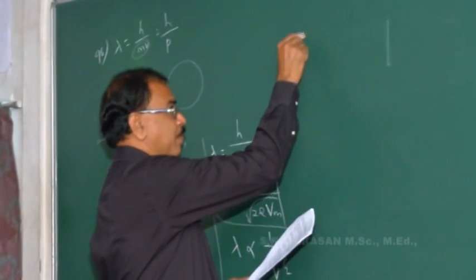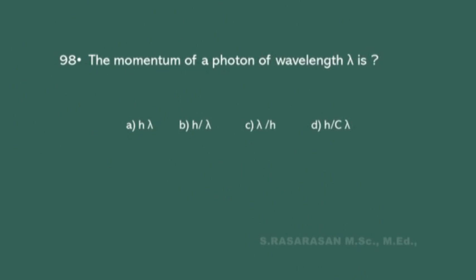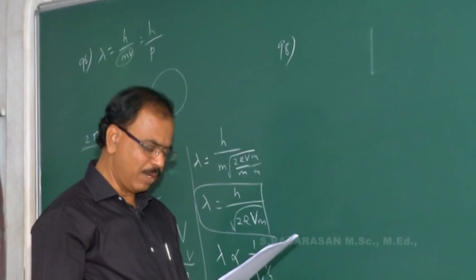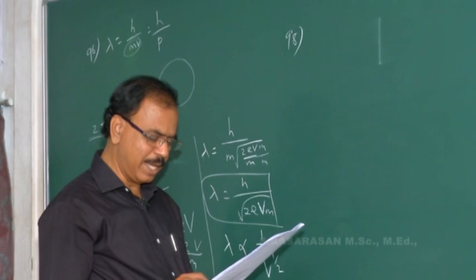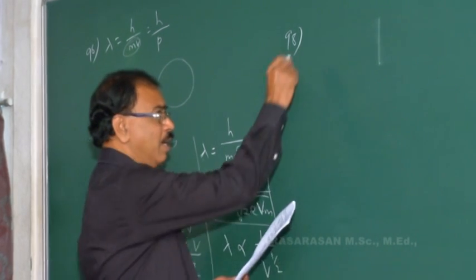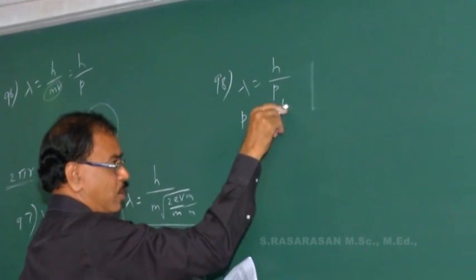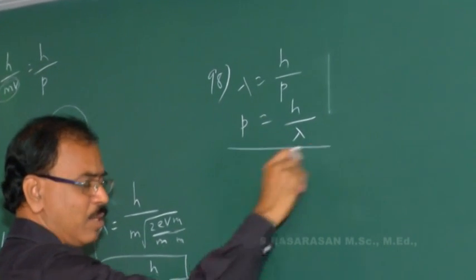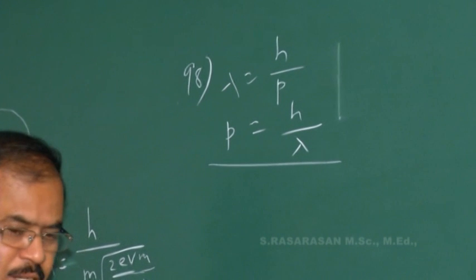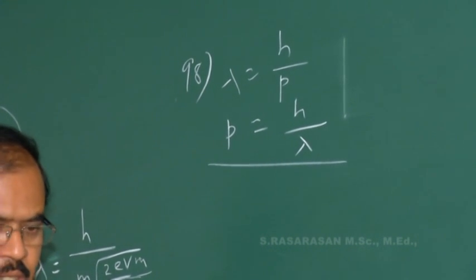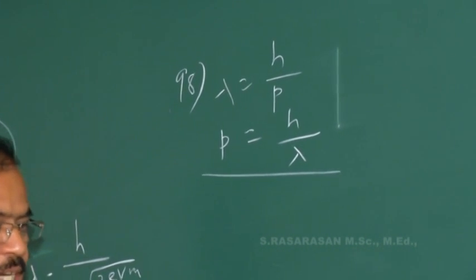98. The momentum of a photon of wavelength lambda. Just now we saw lambda is equal to h by p, so p is equal to h by lambda. That is the answer. The energy of a photon is h nu, and the energy of a particle is mc square.